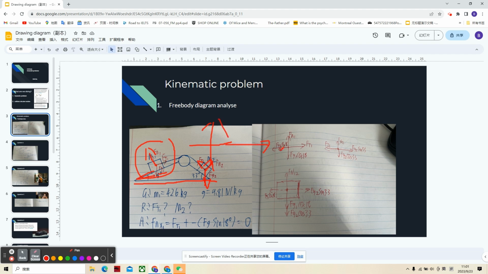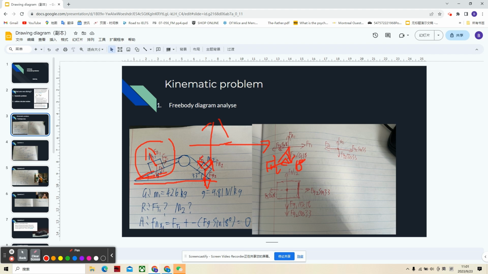So this should be FG1, and this is the 18 degree angle, and we simplify that into FG1x and FG1y.